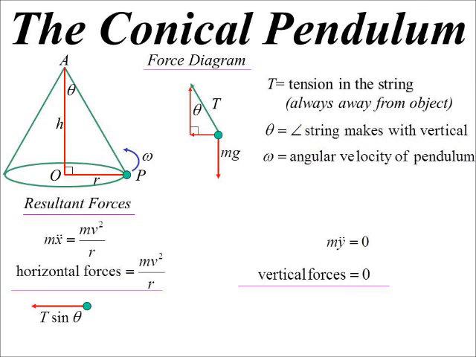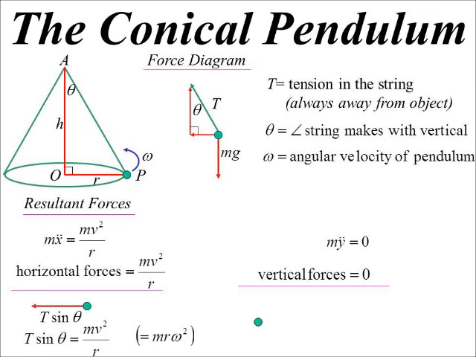Now, we know the resultant force in horizontal motion is always towards the centre. So therefore, that T sine theta, we can see it's going to the left or going to the centre, so it must be positive. So we get T sine theta equal to mv squared on r. Or, if you were using angular velocity, it would be mr omega squared.